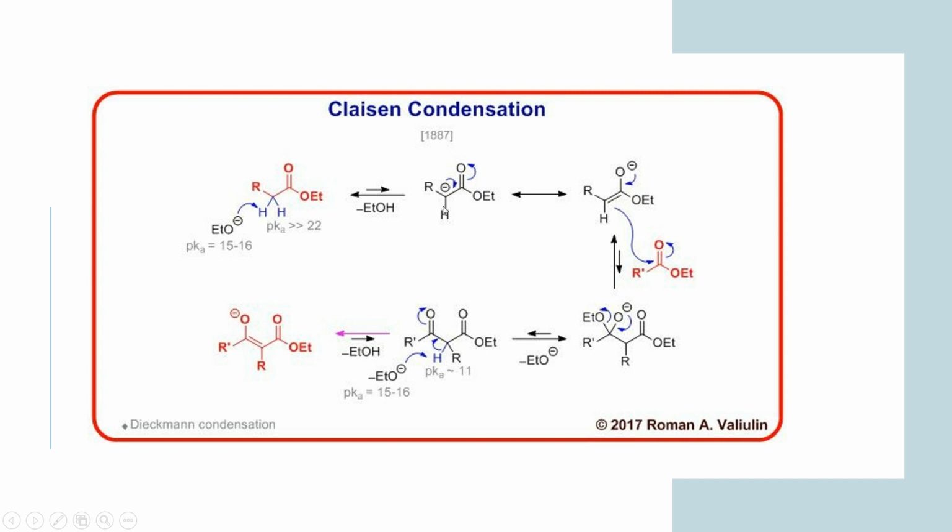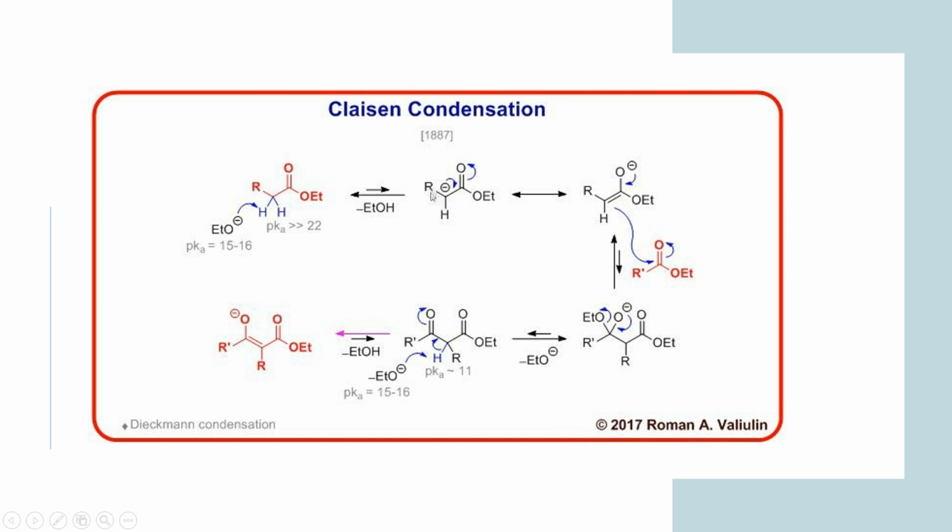But if you have an electron donating group attached here, you will have an electron repulsion kind of situation in this step. You have to pull the electron pair from this carbanion center so that it is stabilized. We already have this ester center. Now we are left with this R group.